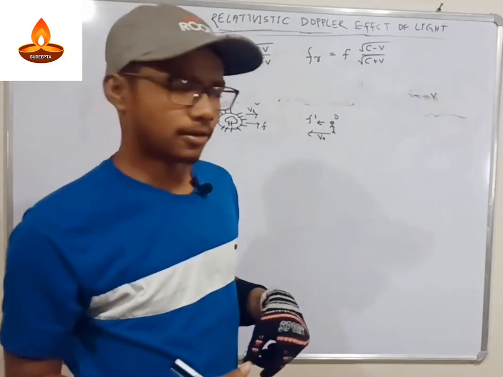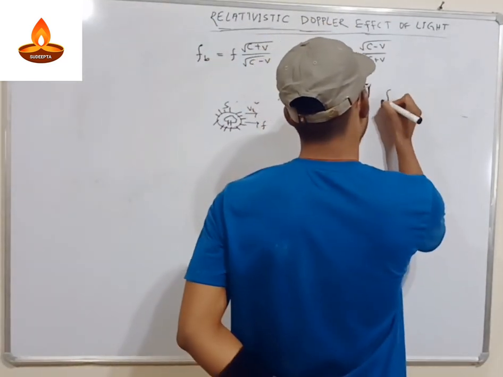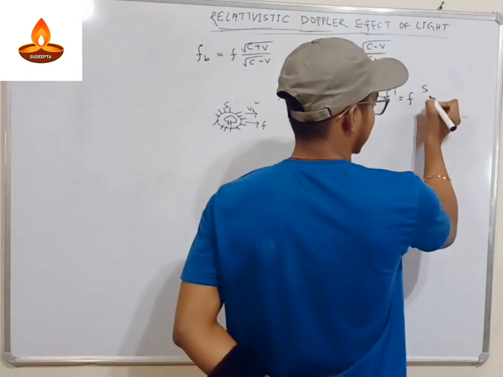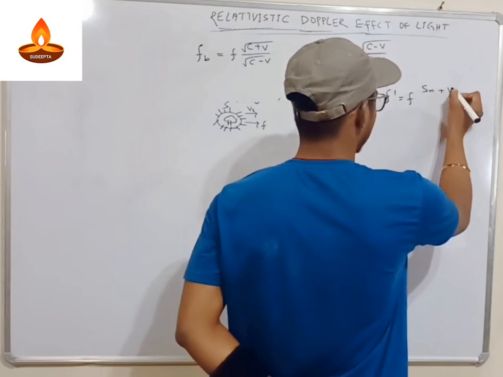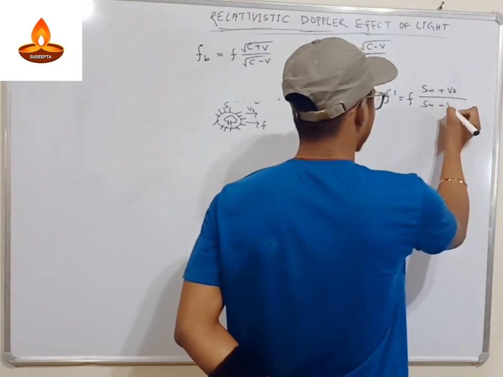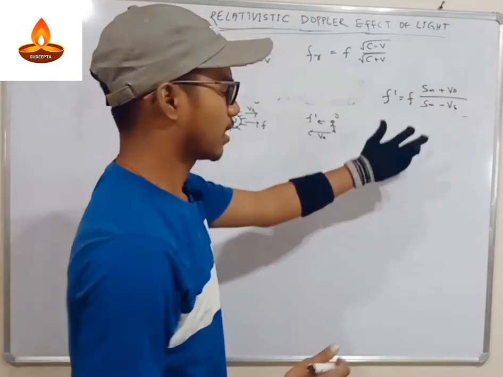So what is the formula for it? f dash equals f multiplied by (the speed of sound in the medium plus the velocity of the observer) over (the speed of sound in the medium minus the velocity of the source). This is the formula for classical mechanics.